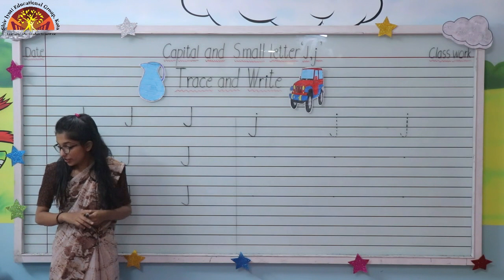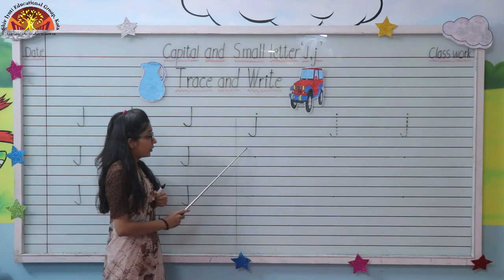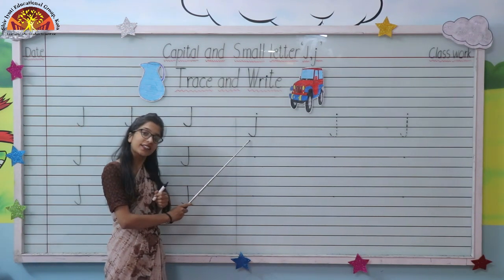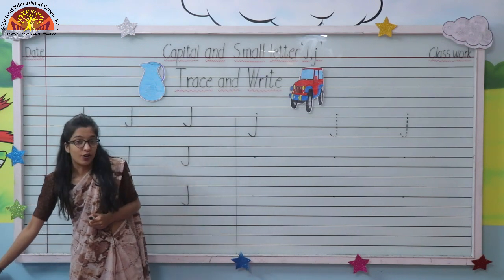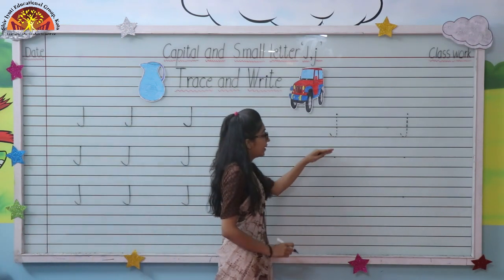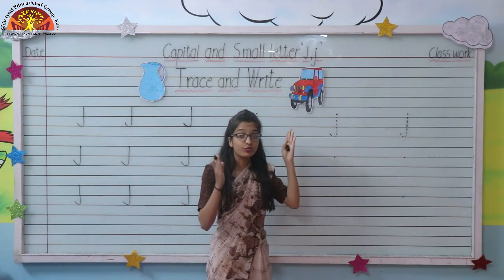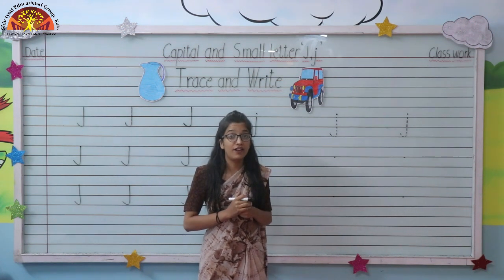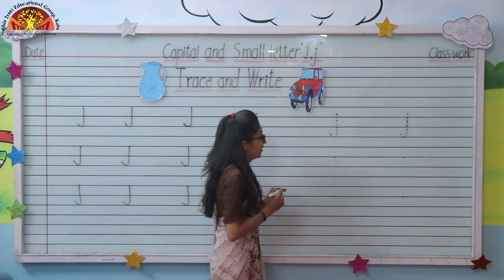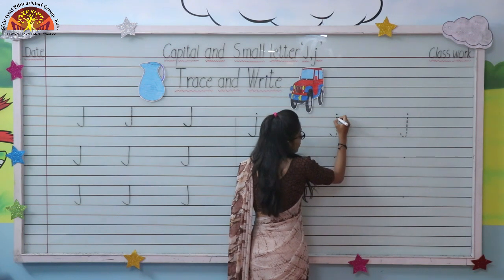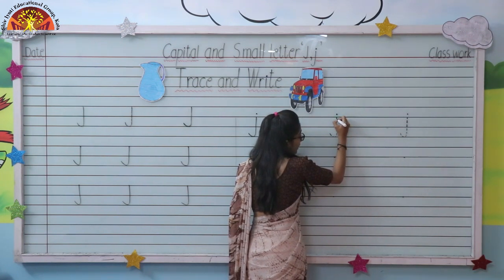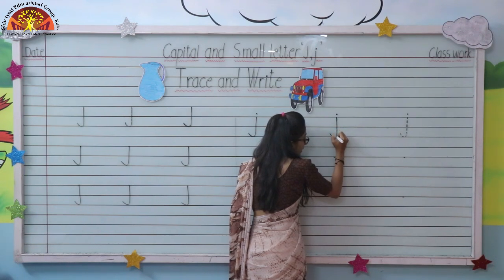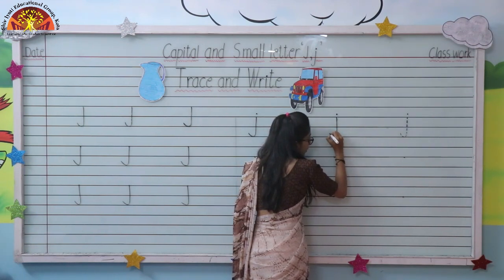Kids, this one is small letter J. Now kids, let's start tracing. Look over here. We have to start this small letter from second line, okay? Make one standing line and turn.